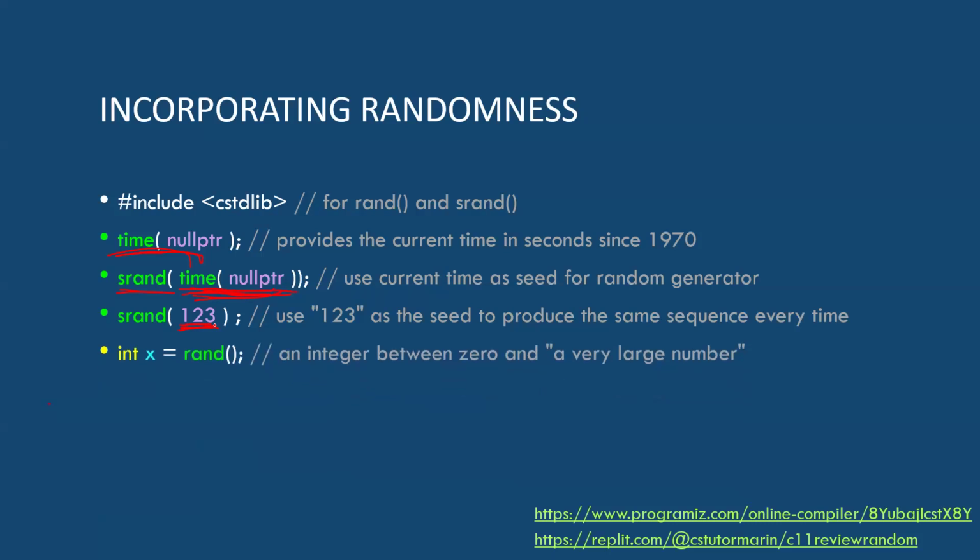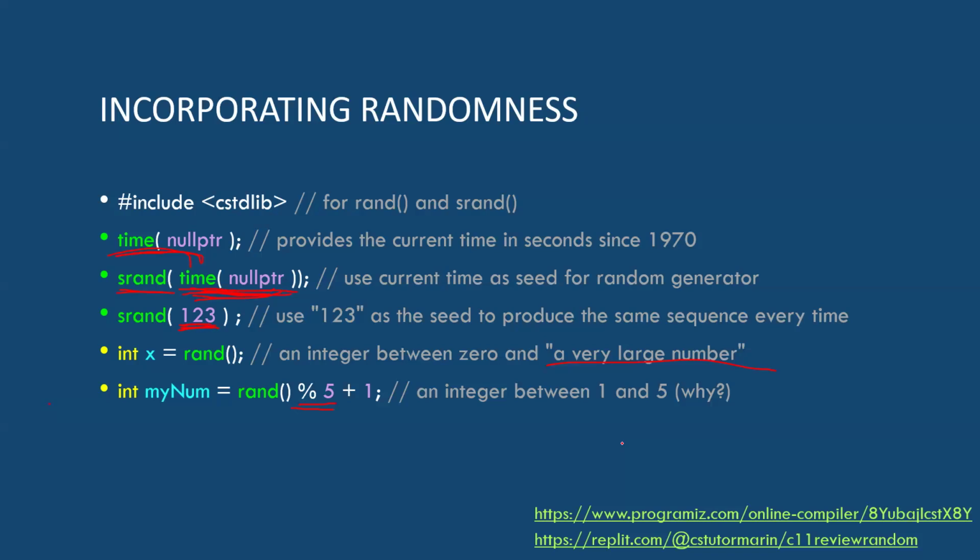Now, whenever we use rand, which is just one common random number generator, it's going to give us a very large number between 0 and some multiples of millions. So we're going to chop that down using modulo, and hopefully we all remember modulo. It gives us the remainder. So rand modulo 5 gives us something between 0 and 4 because it's a remainder.